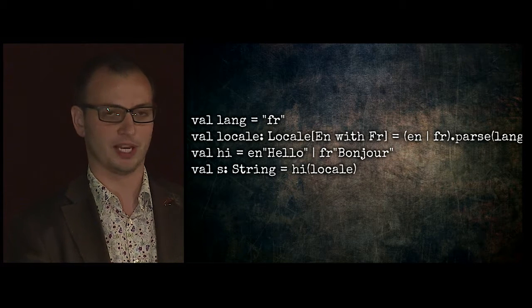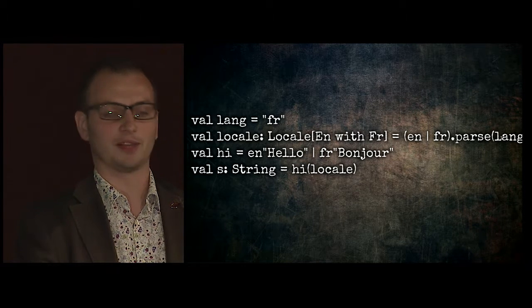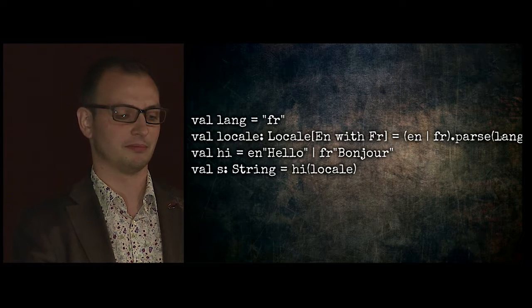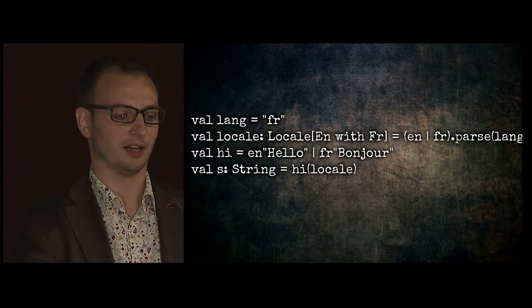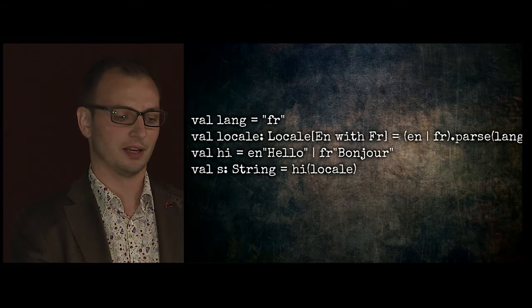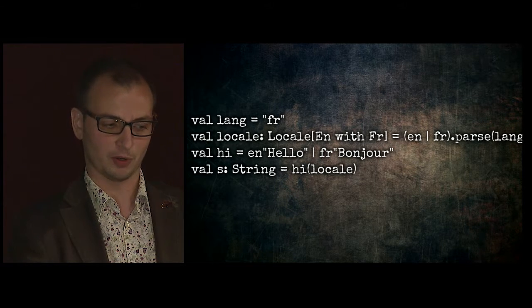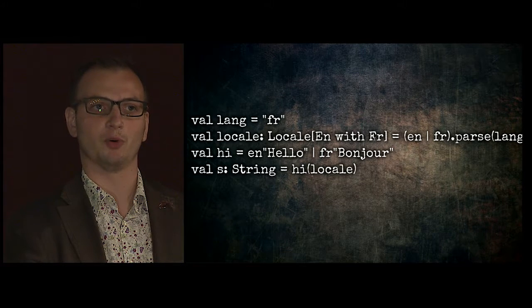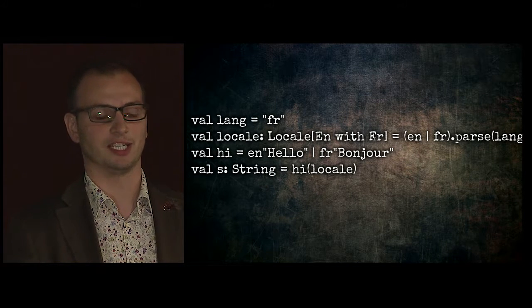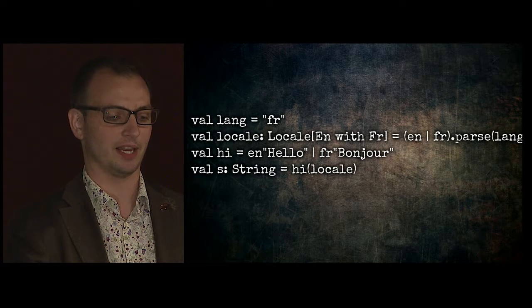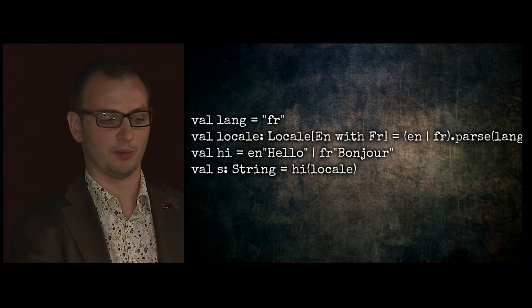So the parser that we have here, it will check this lang. If the lang is en, then it will return a locale. The return type will always be en with fr because we don't know any more than that at compile time, but we do know that if it succeeded, it will be locale of en with fr. It'll work with fr as well.